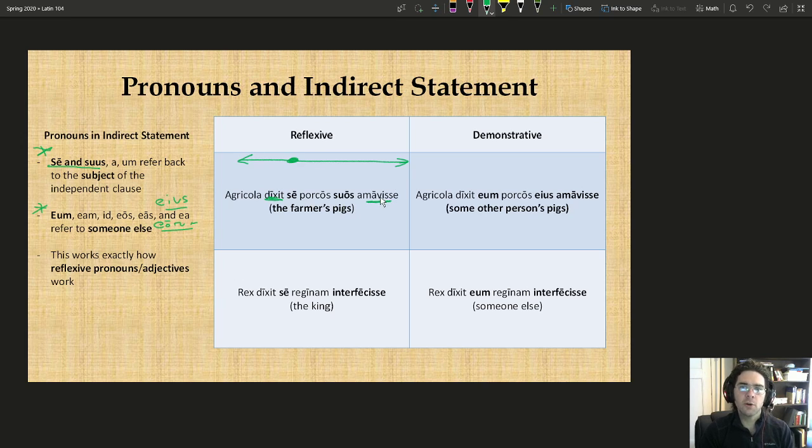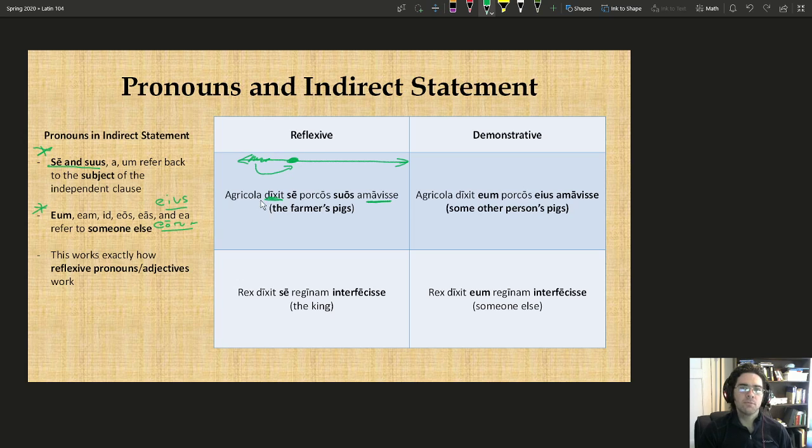And since this is our perfect active infinitive, we also know that this loving is taking place at some point further back than when he said this. So that's our basic relative time construction here. But we'll also take a look at what exactly our pronouns are doing here, and what work they're carrying out and giving us information about for this sentence.